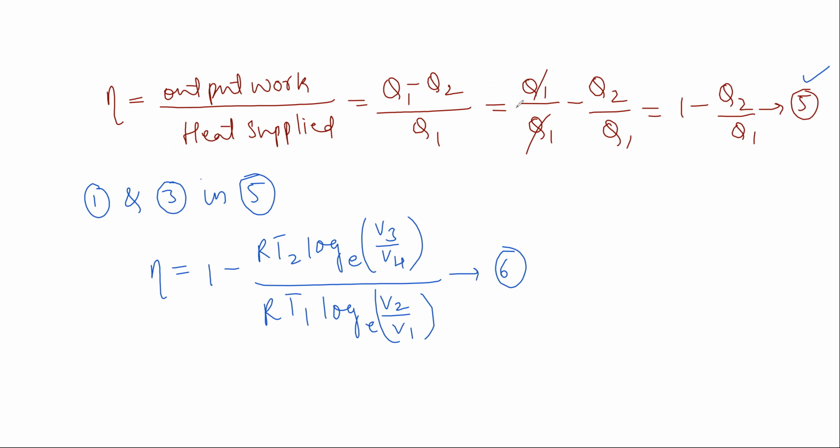Next, for adiabatic expansion, we know T V raised to gamma minus 1 is constant.